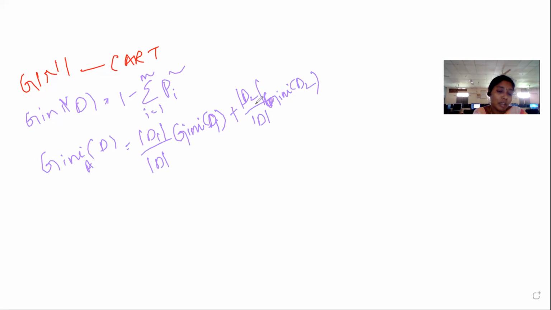Finally, the uncertainty we have removed can be obtained by subtracting the GINI index after the split from the GINI index before the split. The difference between these two is the total variance we have reduced. So that is the value.